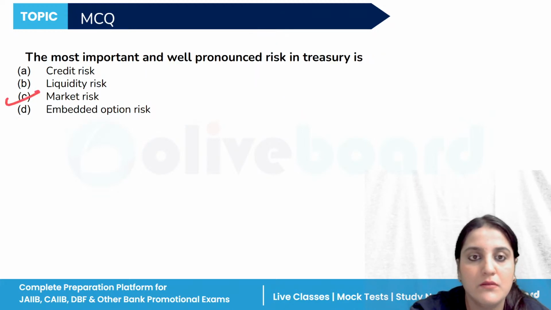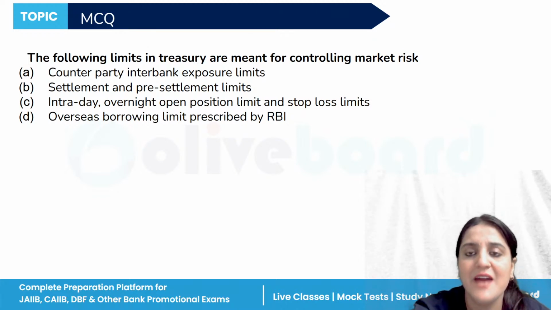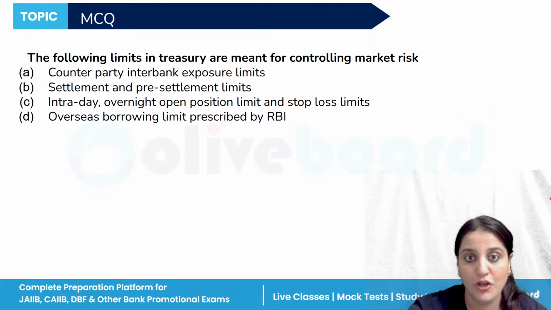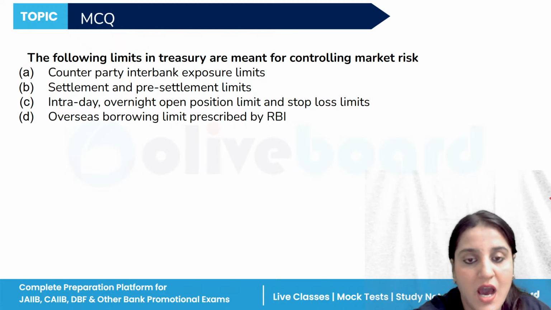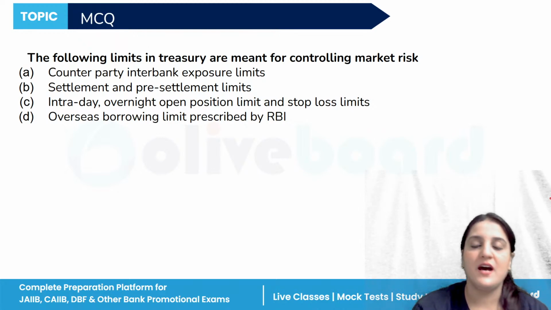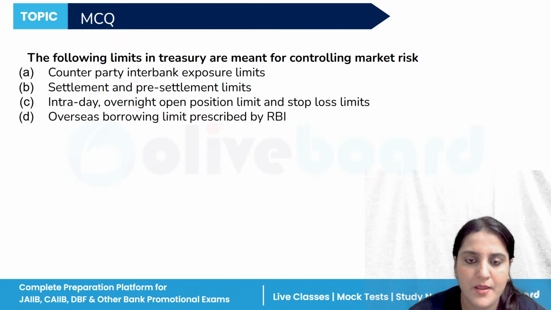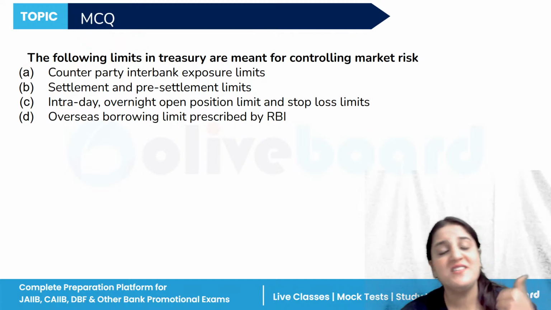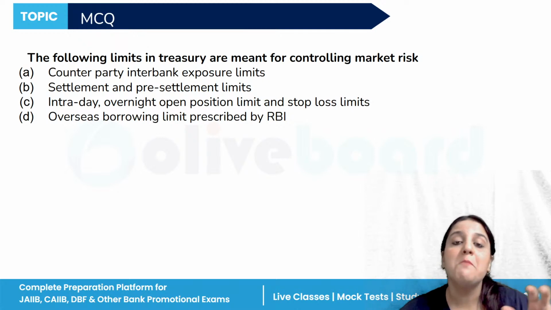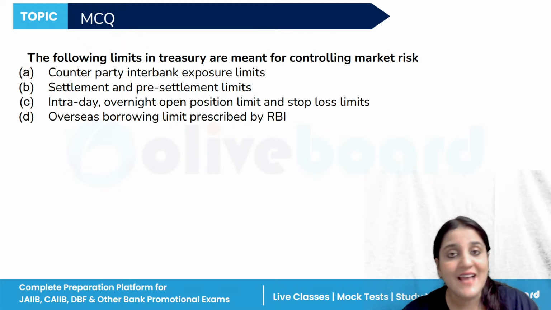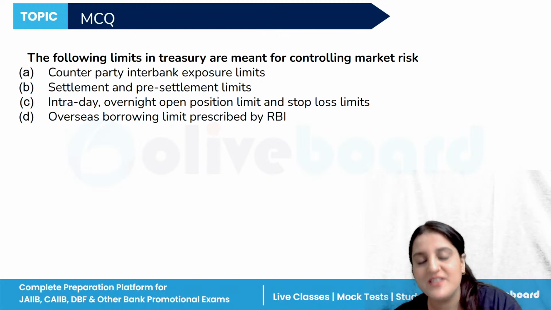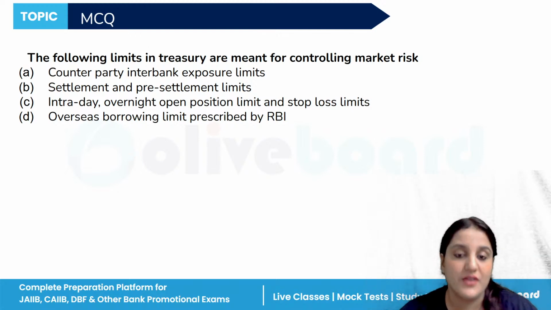The following limits in treasury are meant for controlling the market risk. Basically, in treasury operations, various limits are established to control the market risk, which arises from fluctuations in market prices, interest rates, and foreign exchange rates.